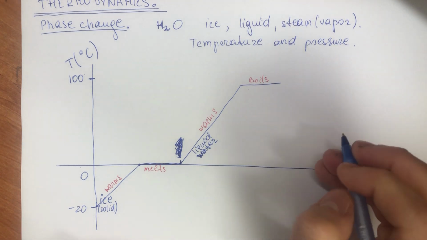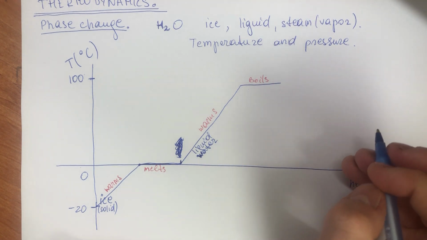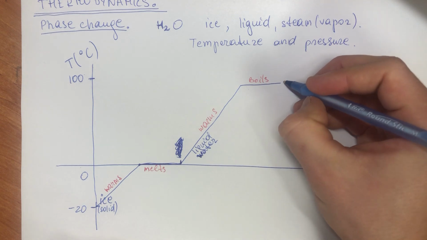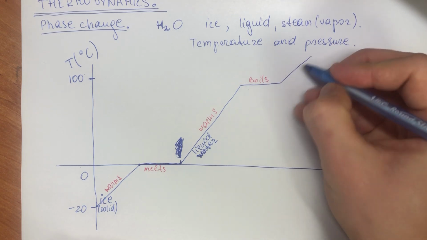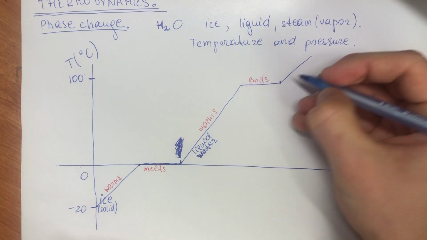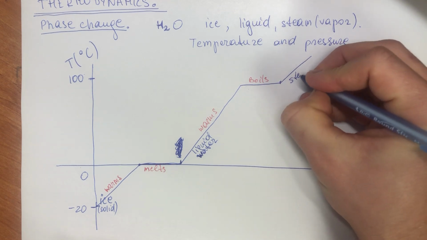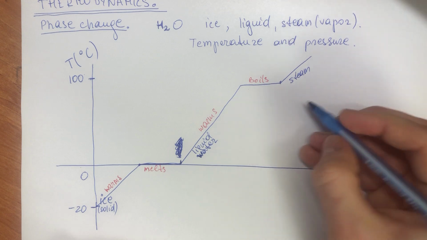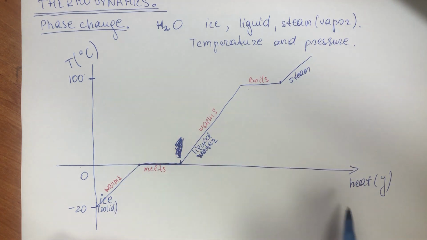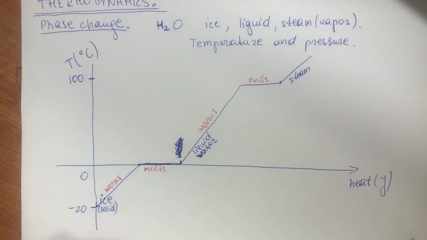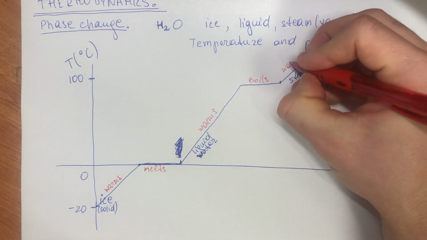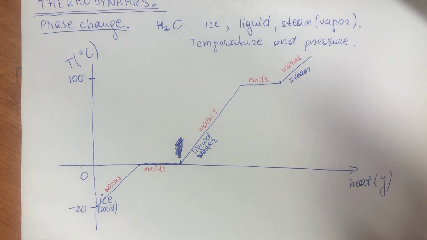And from this part we have steam, and if we supply more energy, what happens to the steam? The steam also gets hotter than 100 degrees, so it warms again.